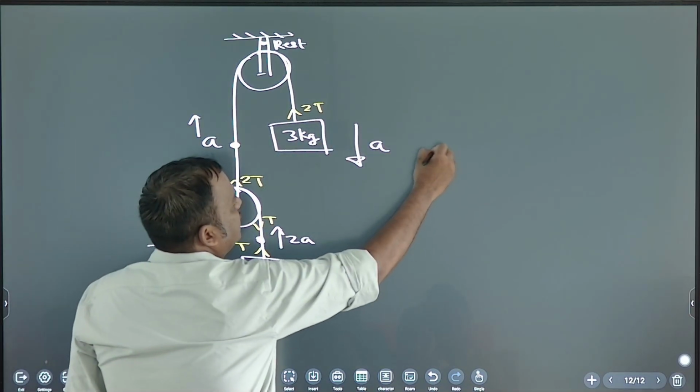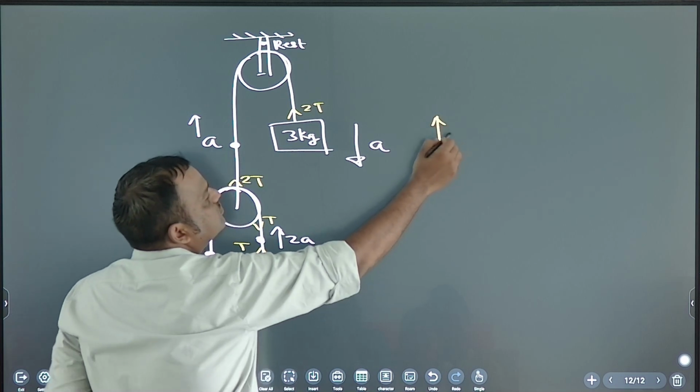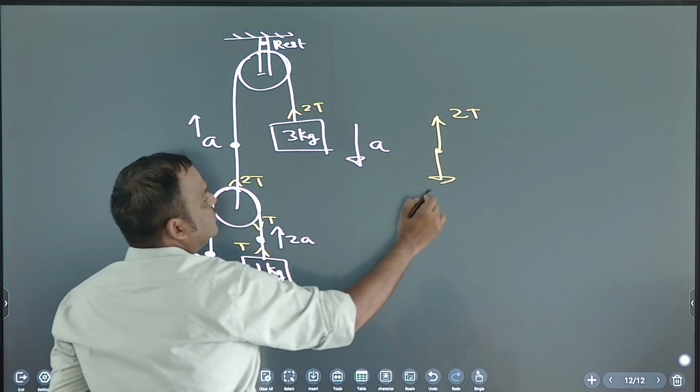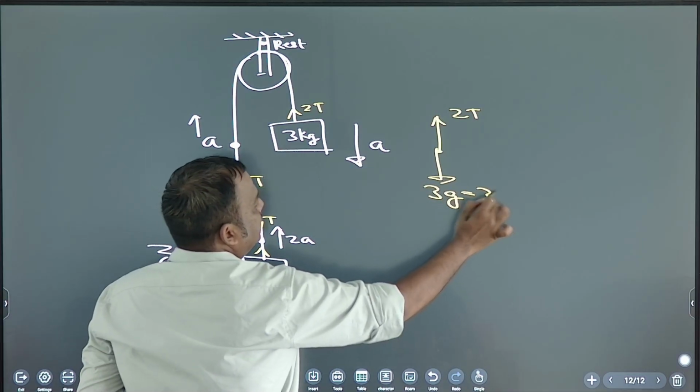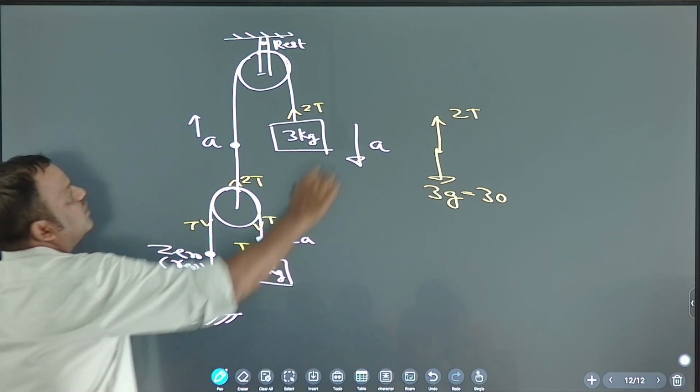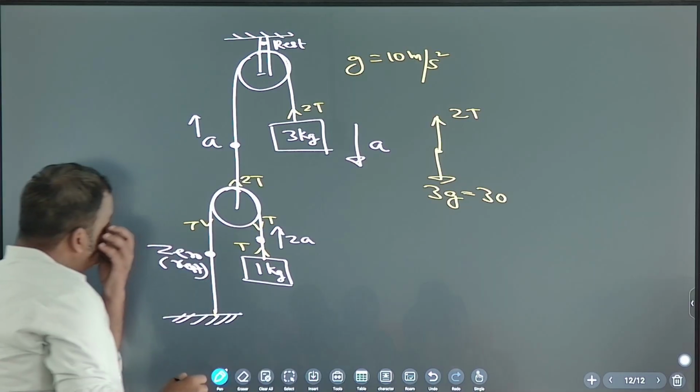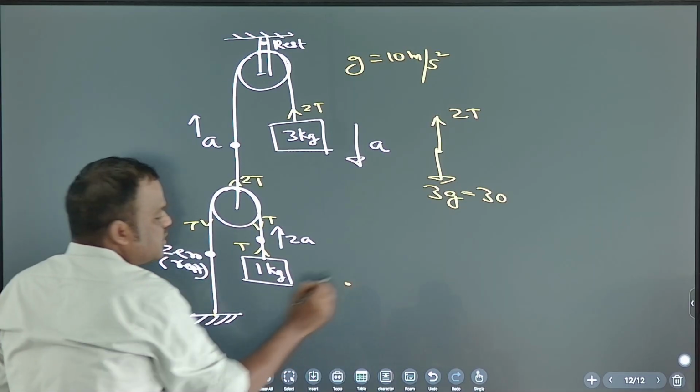For the 3 kg block, what is the free body diagram? What is the upward force? 2T. Downward force 30, 3G. Okay, 30. Very good. We are assuming G is 10. And the free body diagram for 1 kg. What is the upward force?